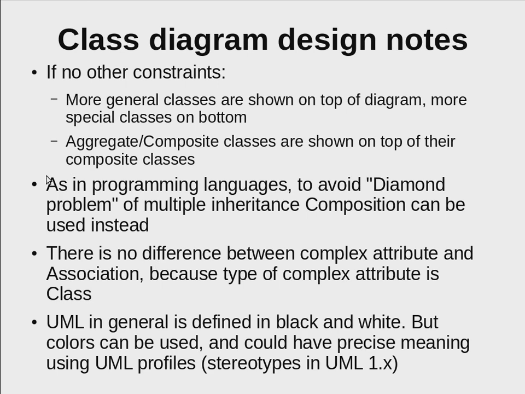So, even though UML is a graphical language, the standard describes everything in black and white. So the only thing where you talk about color is colored or not colored. But UML allows you to extend this standard into different styles.